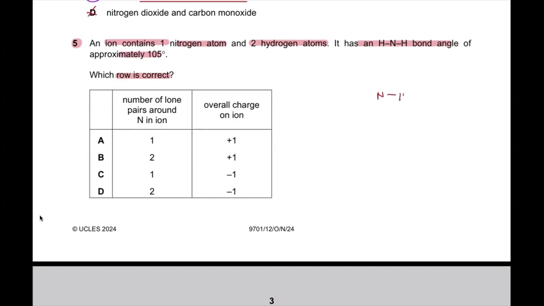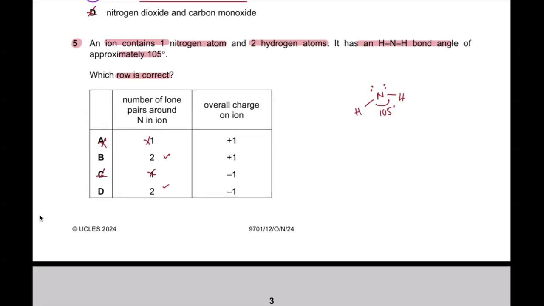So nitrogen has 2 hydrogens and a bond angle of 105 degrees, which means it must have 2 lone pairs. So 2 lone pairs are with these two. So it means A and C go wrong.